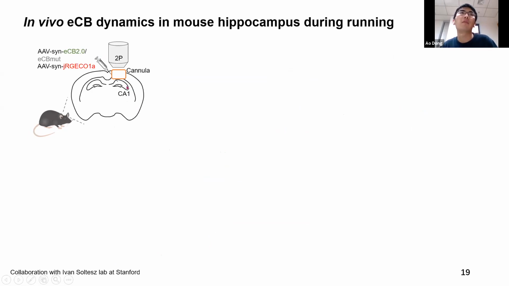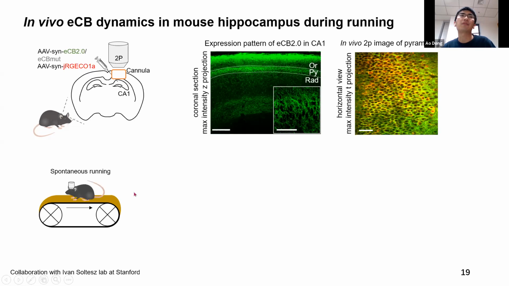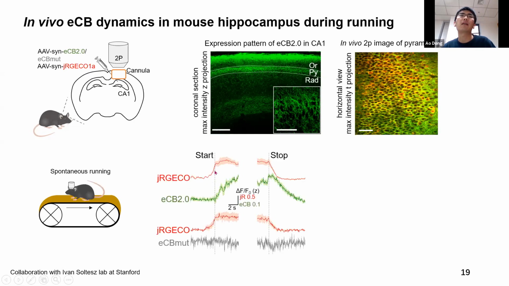So next we want to know whether we can see in vivo signals in hippocampal CA1. We expressed the eCB 2.0 sensor together with a red calcium sensor, jRGECO1a, in hippocampal CA1, and using 2-photon microscopy, we can see the expression of both sensors. When we put a mouse on the treadmill, we can see both calcium increases and eCB increases when the mouse starts running, and a decrease of both signals when the mouse stops running.